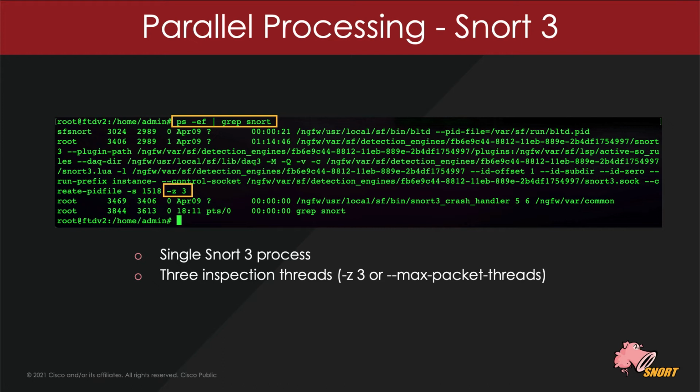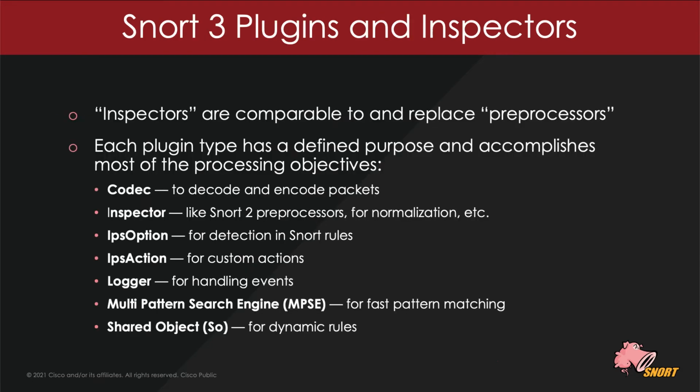We understand there are elephant flow issues with keeping each flow on its own CPU, but at this time, in this iteration of Snort 3, that's how this works. Look for some changes later down the road. We don't know how long, but that is definitely something that is at the top of the list as far as addressing, and how we're going to address faster processing of those elephant flows by leveraging multiple CPUs for a flow.